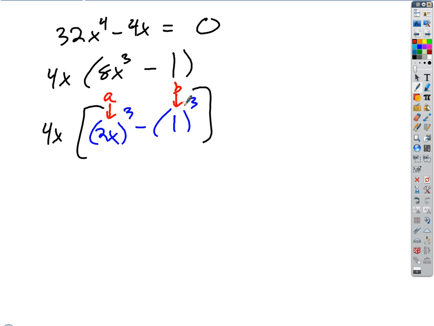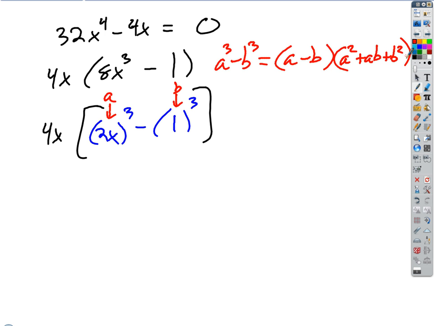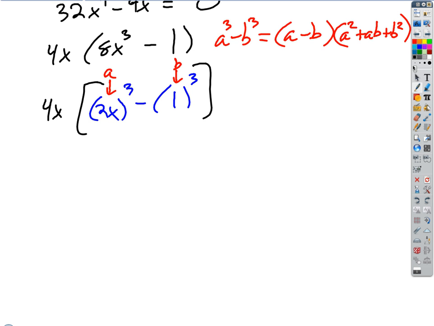Now what's our factoring pattern for a difference of cubes? A cubed minus B cubed factors into what? Good. A minus B times A squared plus AB plus B squared. Good.